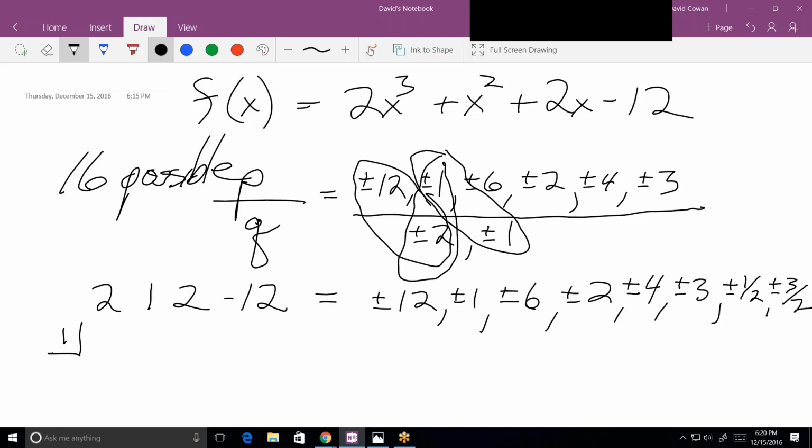So here's what I'm going to do. I'm going to see if 1 is a 0. Certainly it's in my list of possibles. And the moment I find a 0 remainder, I will have found my 1 zero. And what will be left over will be a quadratic.